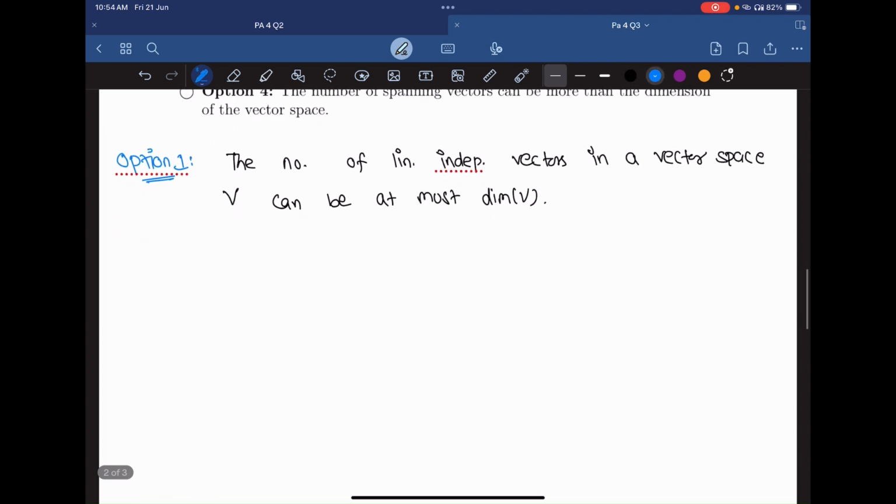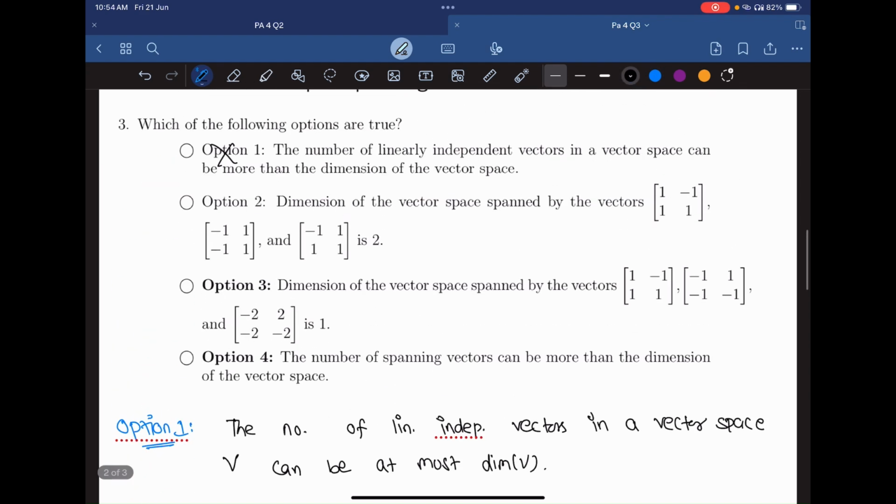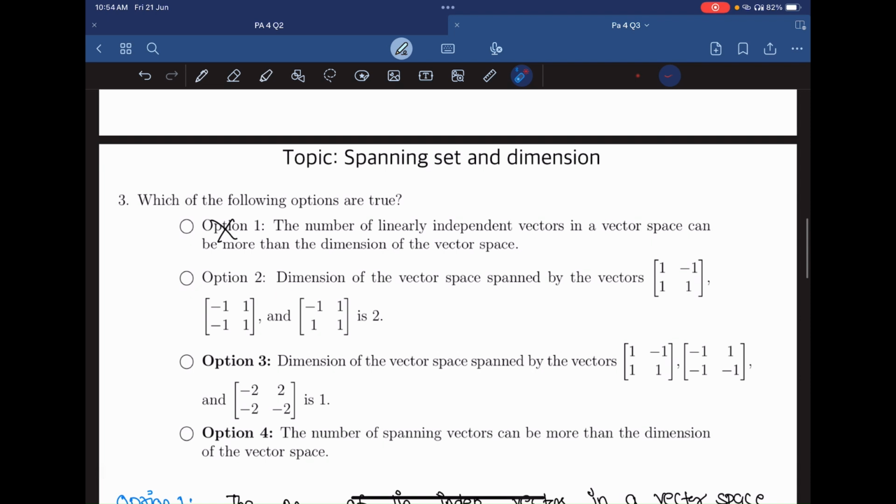Now let's look at option 2. The dimension of vector space spanned by these vectors is 2.